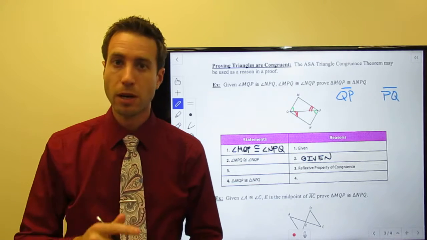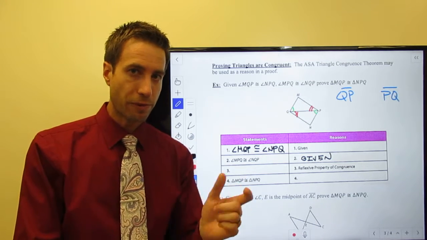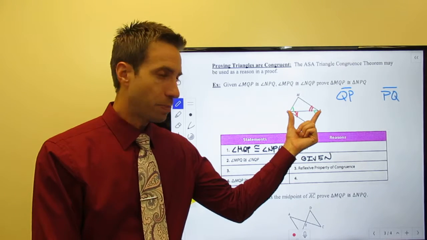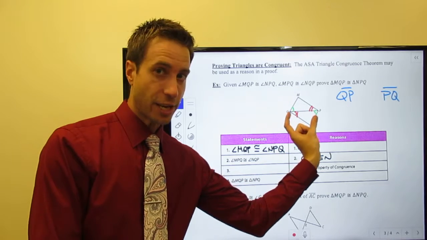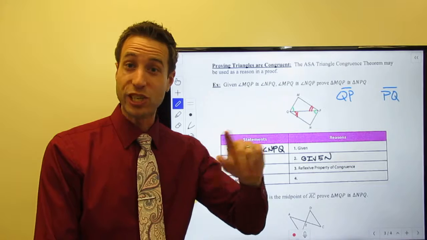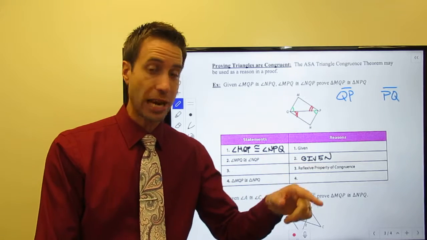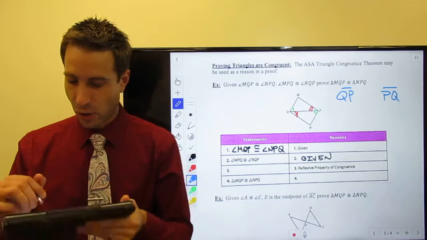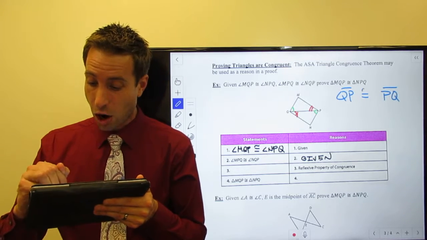PQ. But remember the reflexive property from algebra. QP and PQ are the same line segment. It doesn't matter which endpoint you put first and which endpoint you put second, they're going to be the same measure. So I know that these are congruent.